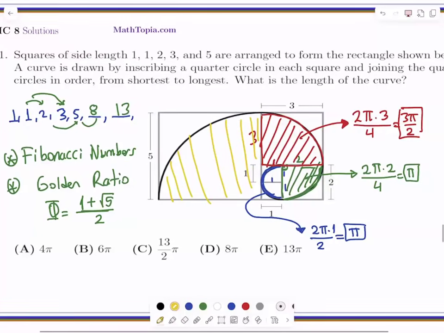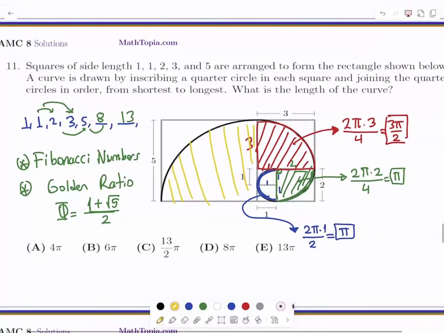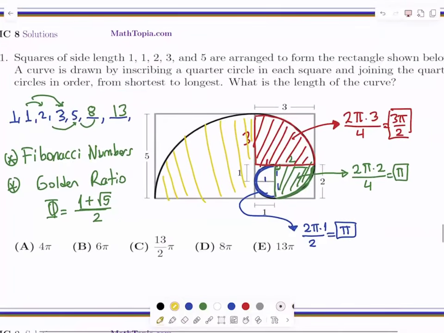Joining the quarter circles in order from shortest to longest, this is the longest one, right? That is going to be 5, right? Yeah, 5. Then it's also another quarter circle, sorry.